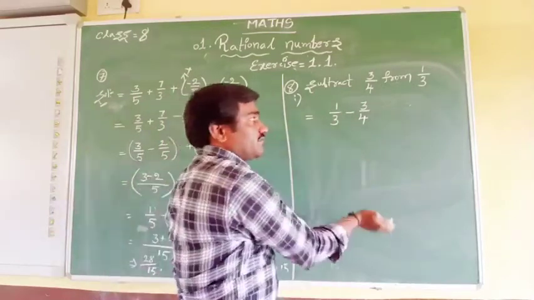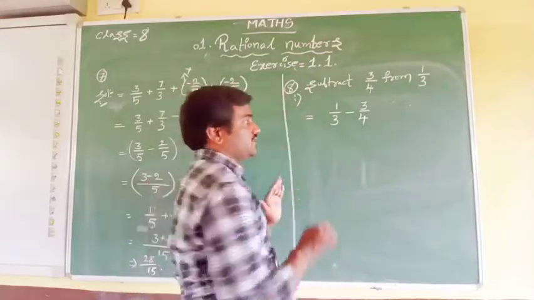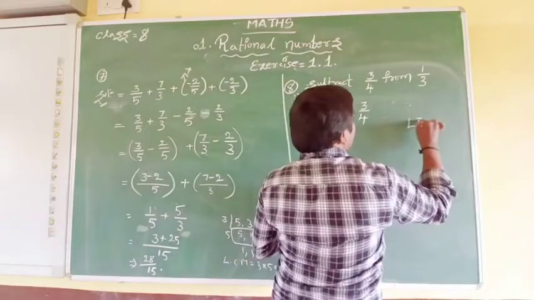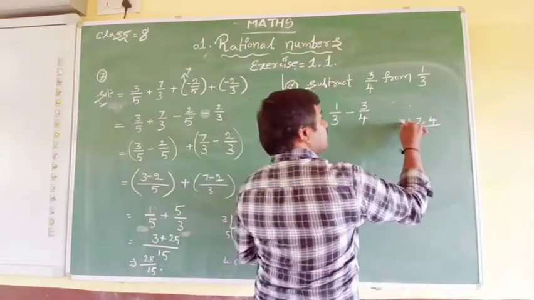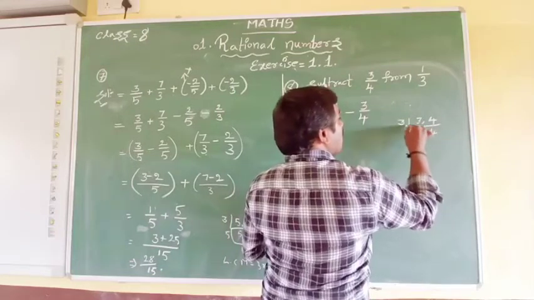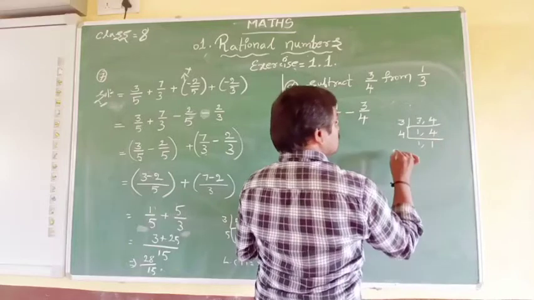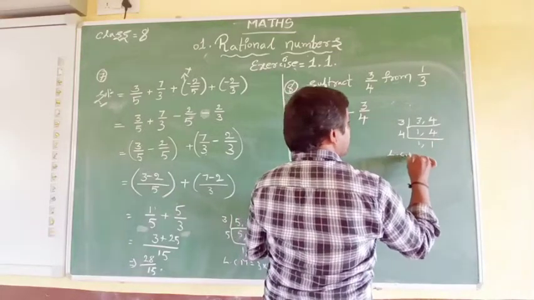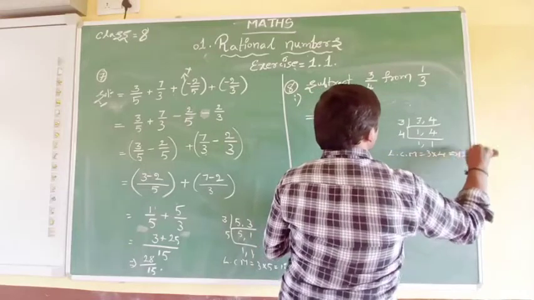In this same method, we have to do the remaining 2 problems of this question. Here, 3 comma 4 are again co-primes. So the LCM of 3 comma 4 we get as the product of these numbers, that is LCM equal to 3 into 4, that is 12.